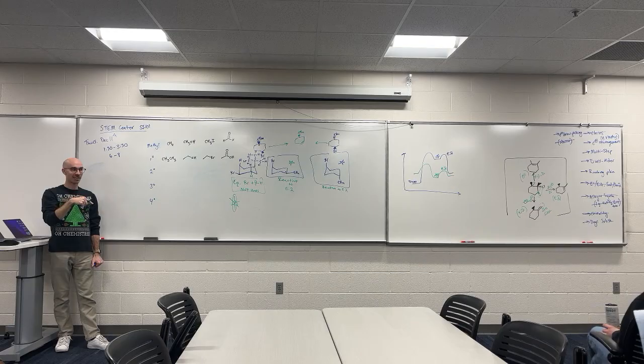If you tried drawing the E2, it wouldn't accept it. Therefore, it must be asking for the SN2, and SN2 also gives inversion of stereochemistry. So if you invert and then invert, you get retention. The stereochemistry of the final product is the same as the stereochemistry of the starting material.